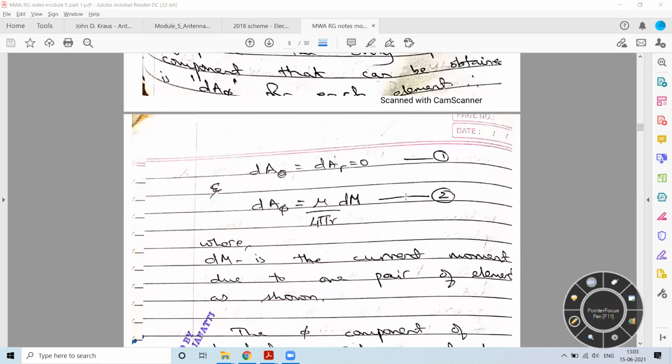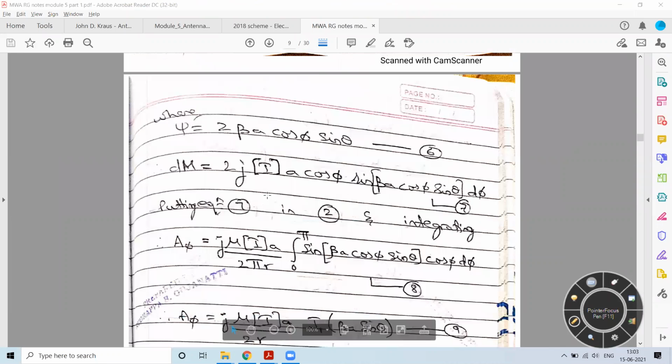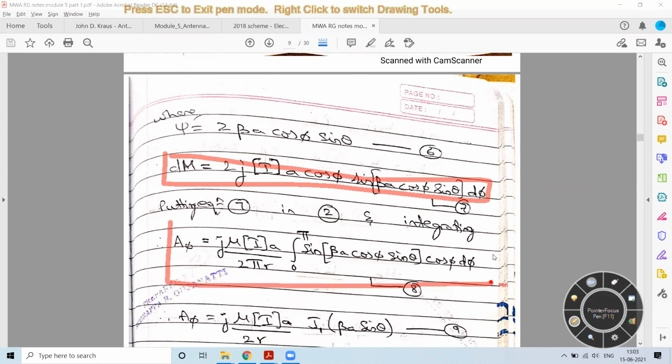We need to integrate it with respect to the phi component. So this value is substituted in the above equation and we obtain the integration as shown over here.